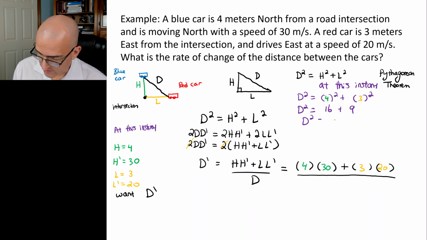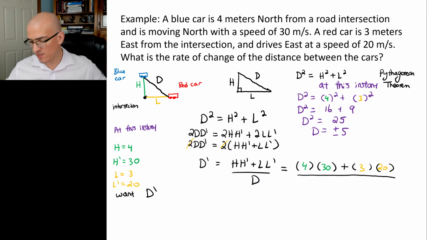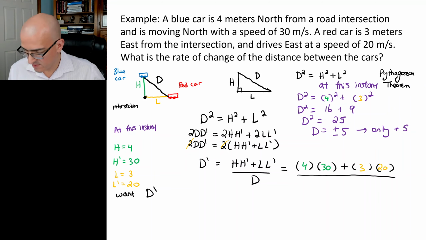So d squared is equal to 25. We get d is equal to plus or minus 5. But remember, it's this distance, and there ain't no negatives on my tape. There's no negative distance between the cars, so throw the negative away. Only positive 5, since distance. So that'll go underneath inside the expression over 5.